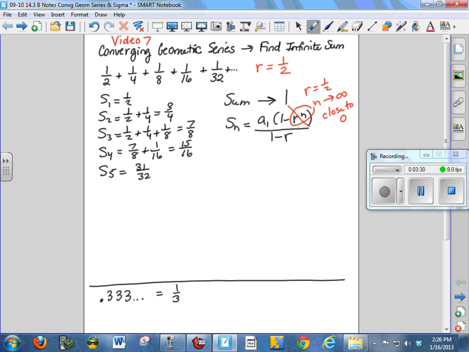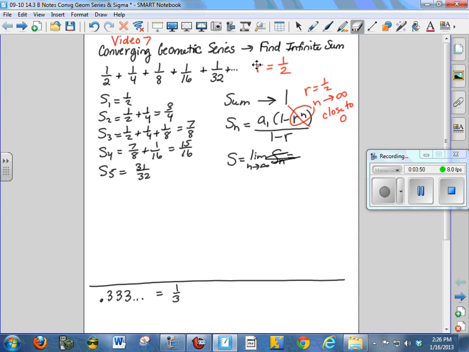So what we have here is S. Notice no n, because this is an infinite number of terms. S is the limit as n goes to infinity of S sub n.